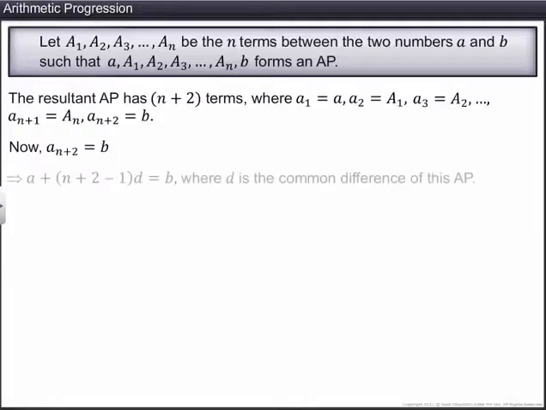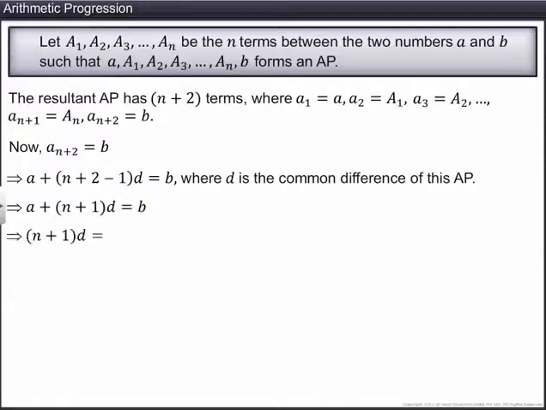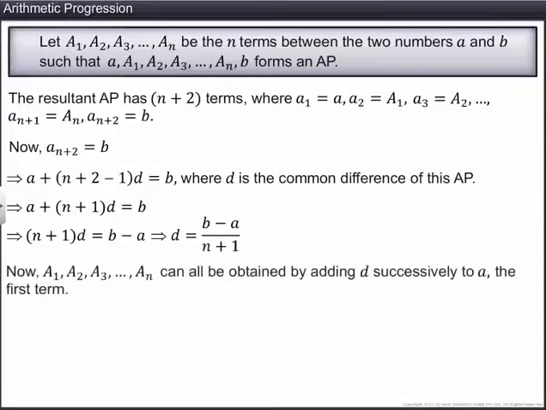This implies a plus of n plus 2 minus 1 into d is equal to b. It further implies that d is equal to b minus a upon n plus 1. Now the inserted terms can be obtained by adding d successively to the first term.